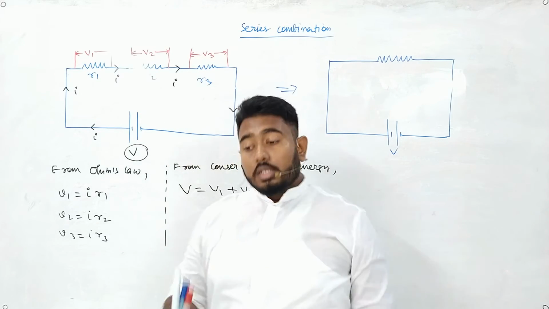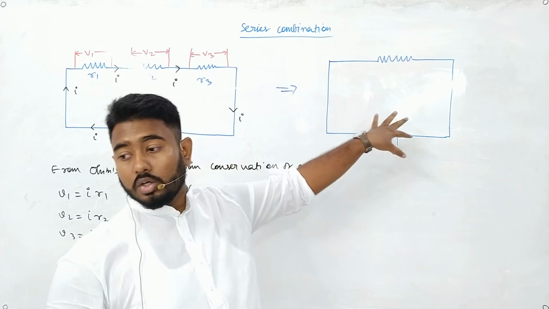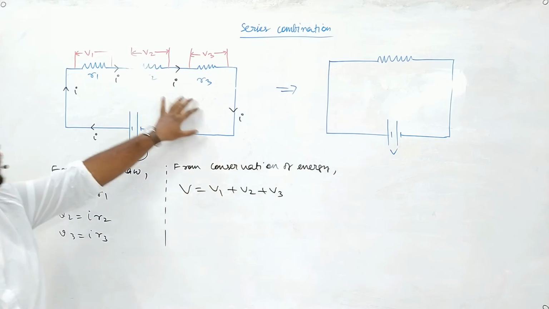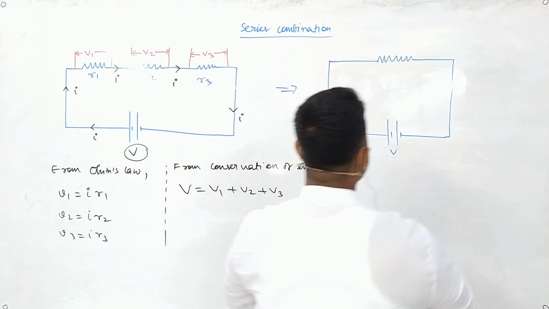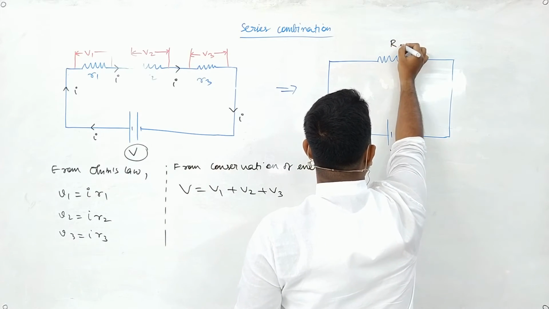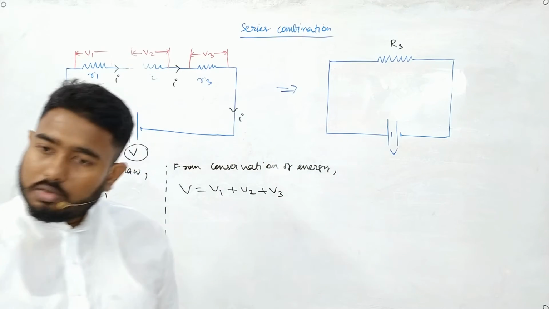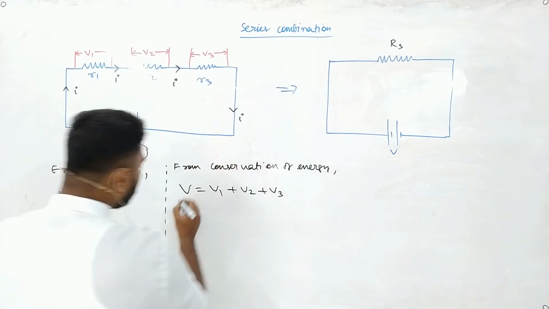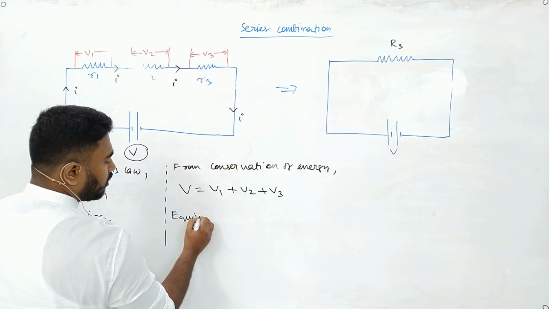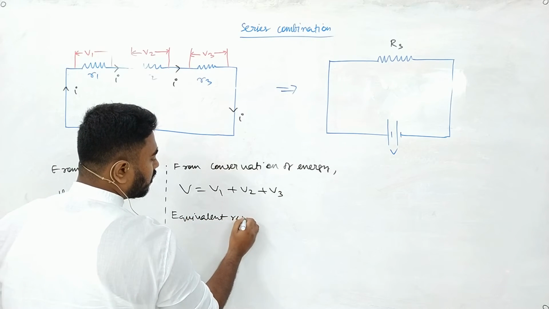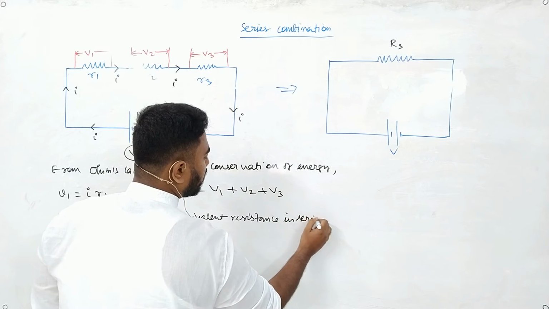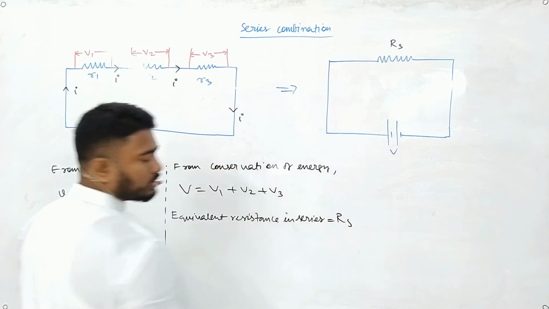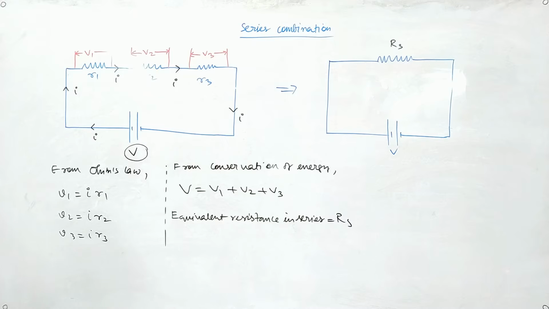So if I imagine that I am using a resistance which will be equal to the 3 resistances combined together, and I name that R equivalent, or I name that RS, R series. Okay, so equivalent resistance in series be RS.